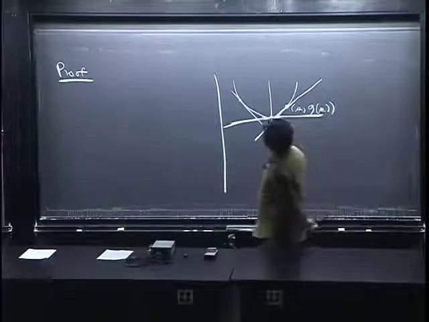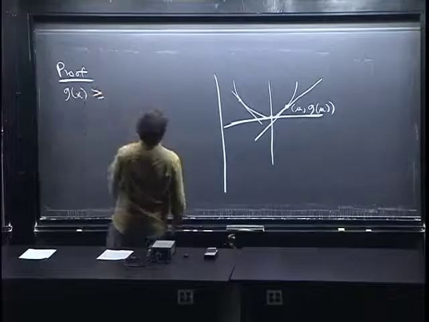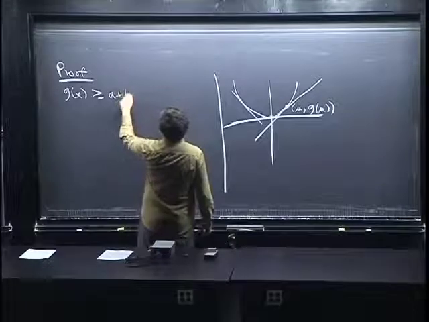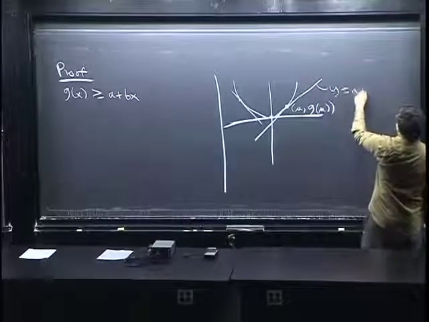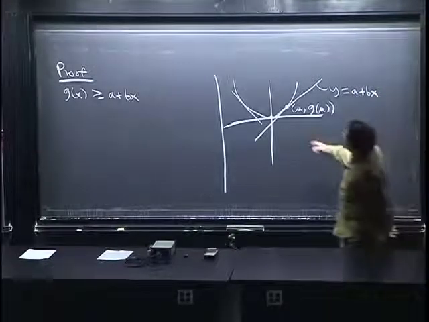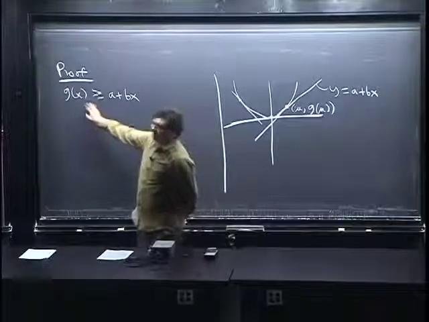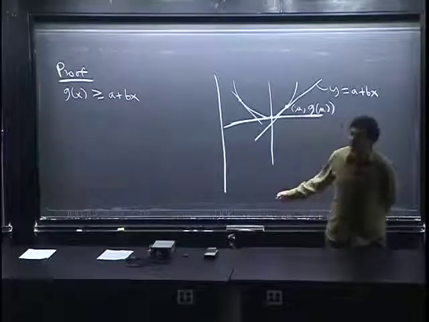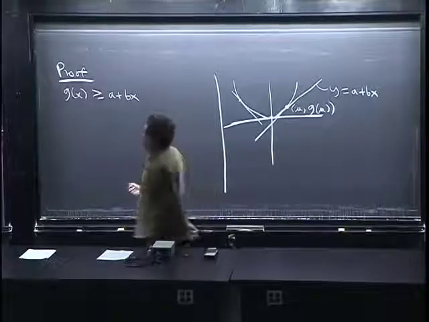Then what we're asserting is that g of x is greater than or equal to a plus bx, where the line is y equals a plus bx. The statement that the curve stays above the line is just the statement that the curve is above the line.